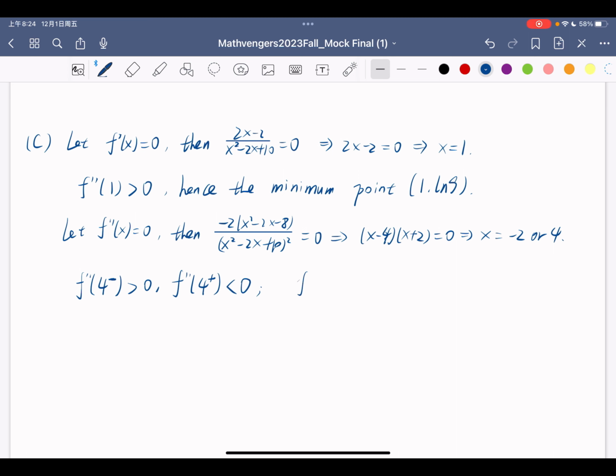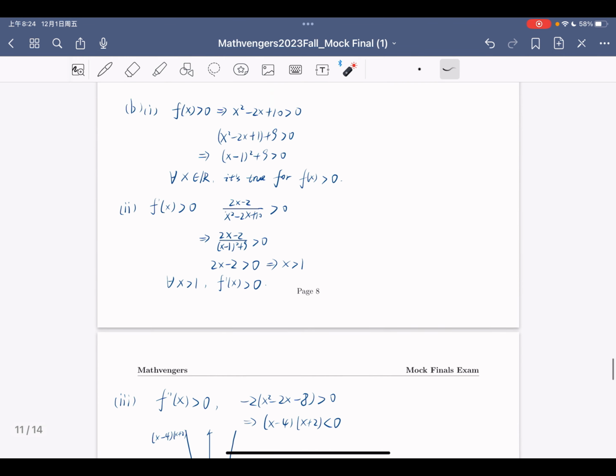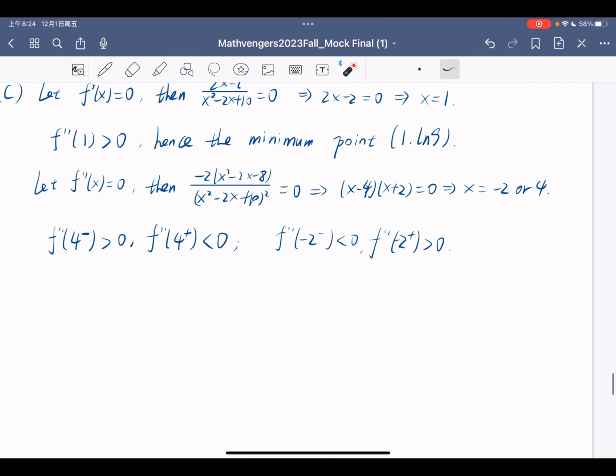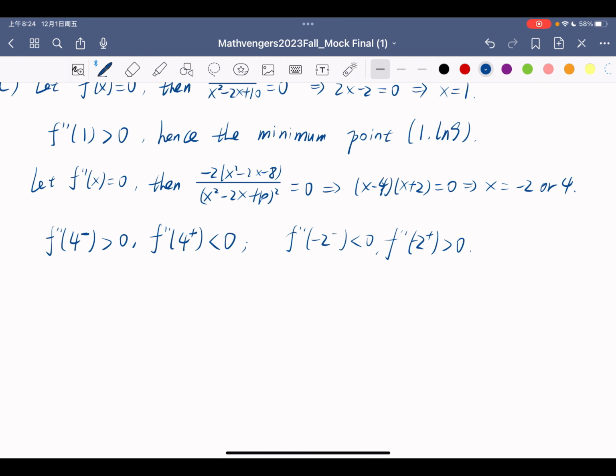Similarly, you can get for negative 2, this is greater than 0. So this shows us these are the 2 points of inflection of the function.